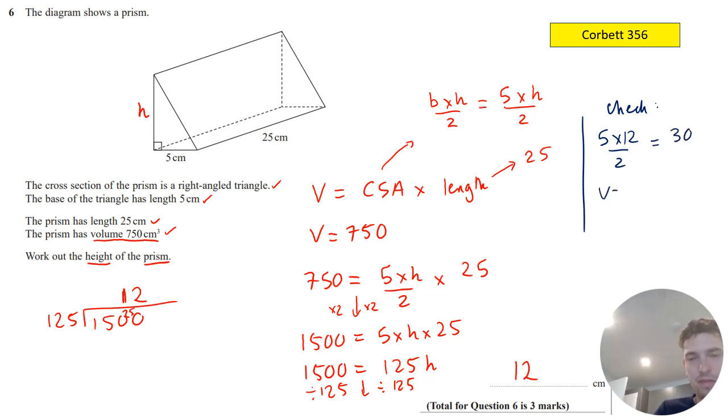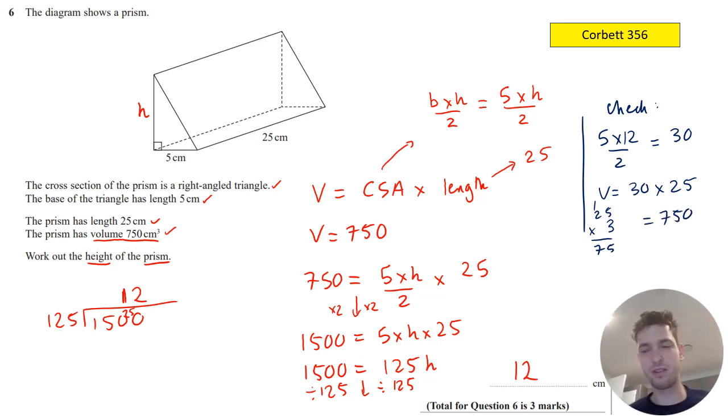And so my volume is my cross-sectional area, which is 30, times by 25. And I could just quickly check that. And it is indeed 750. So I can check my answer at the end to make sure that I'm right. And it's good to build in habits for doing that.